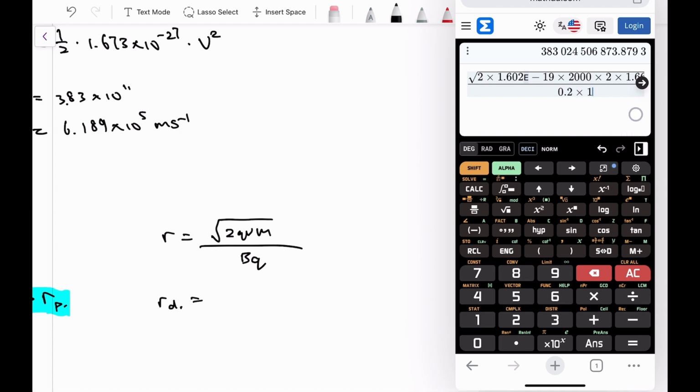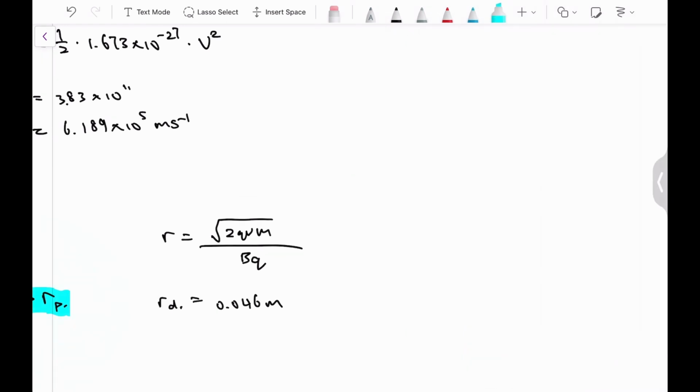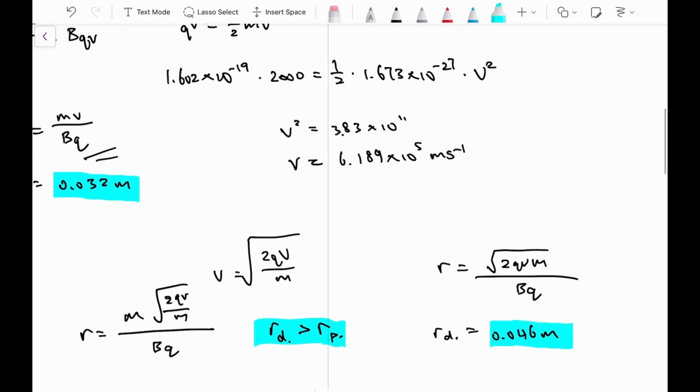The charge is just 1 elementary charge, and that will be negative 19. Yeah, and the answer will be simply 0.046 meters, and that will be the answer to the final part of the first question.